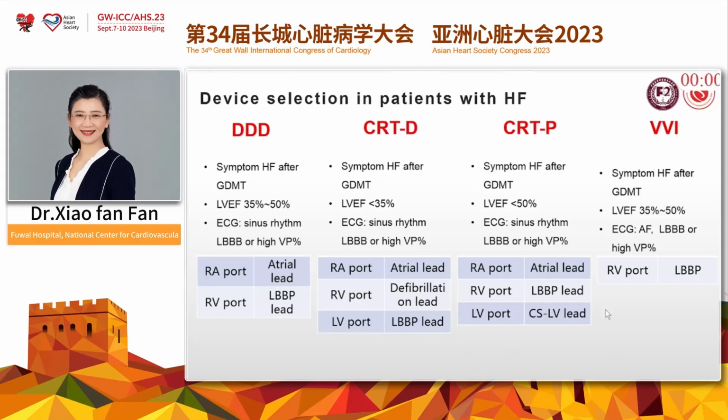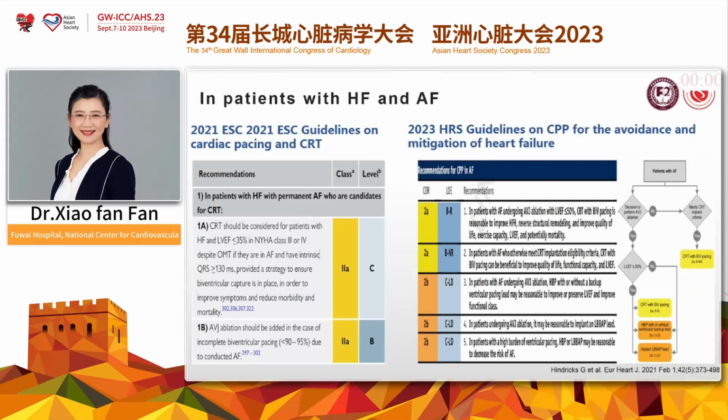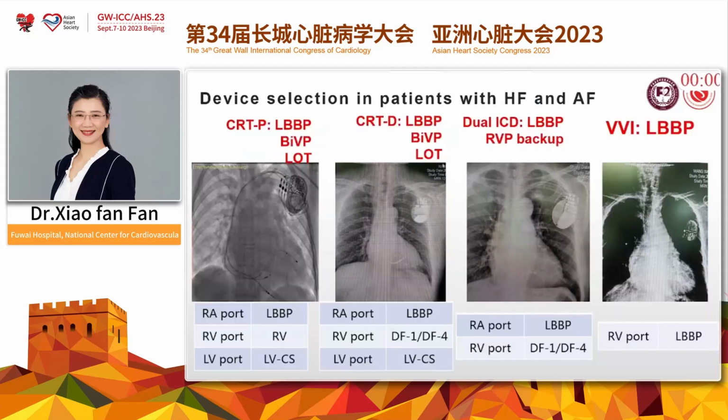And for patients with chronic atrial fibrillation, the VVI single chamber device could be used if the LBBP could be successfully implanted. And for patients with atrial fibrillation and heart failure, I think later Professor Huang will introduce. For these patients, maybe we have more choice when we have the LBBAP.